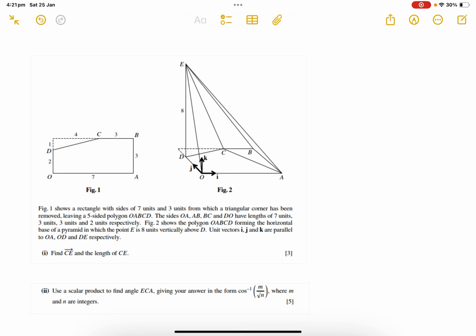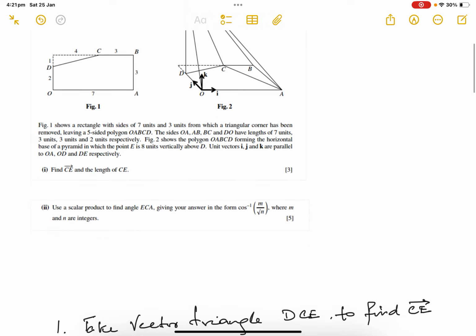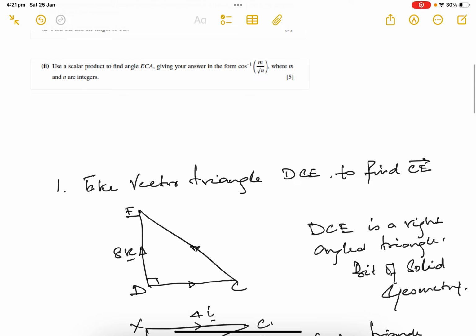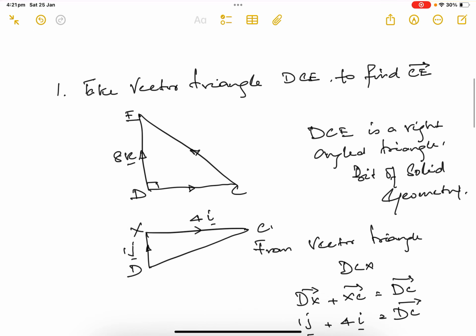So we can get the vector triangle DCE, which has CE as its side. If you look at it, DCE is a right angle triangle, but we don't need that detail.